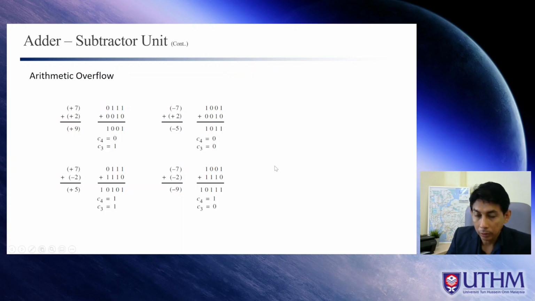Okay, so the computer needs to know that, because we need to produce the output, and the output should be possible, right? But the hardware should know what to do if the result overflows. For example, if we have overflow, maybe the result should be stored in a bigger location in the memory.